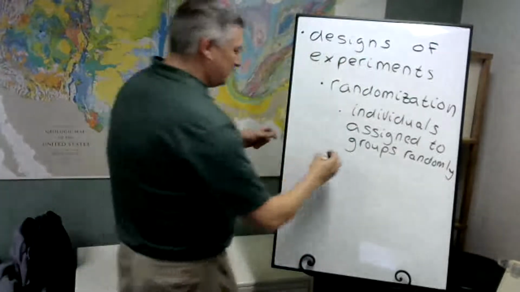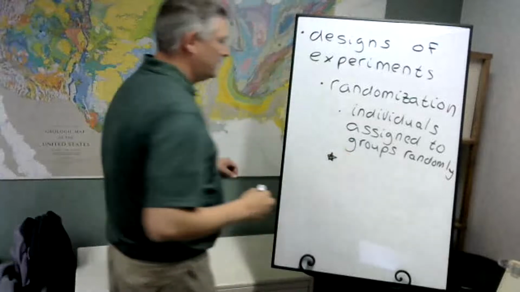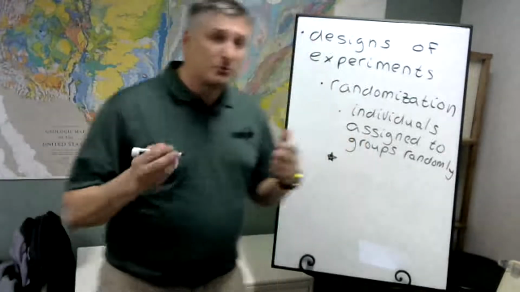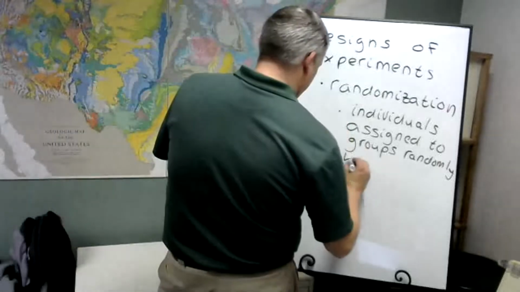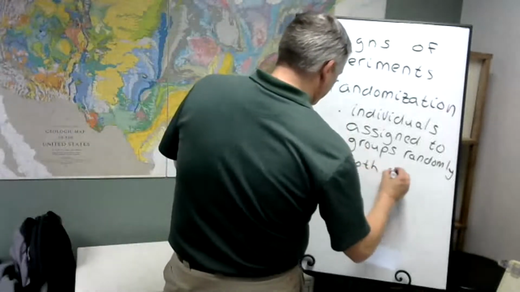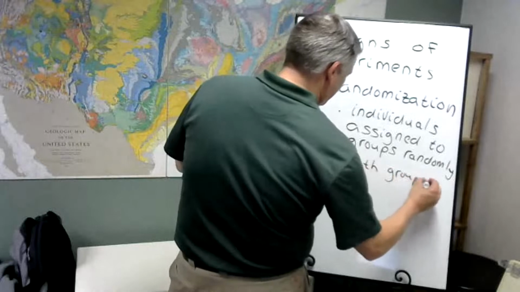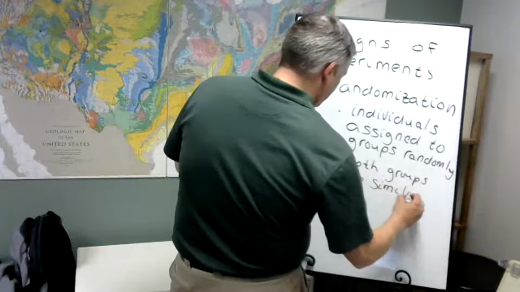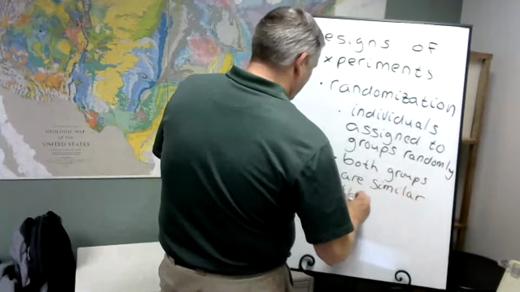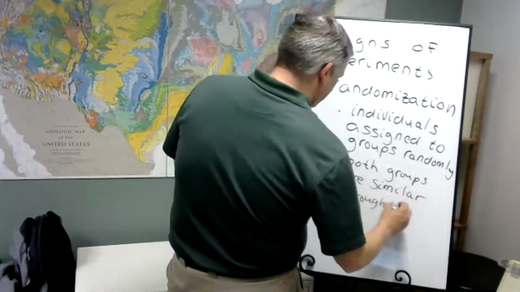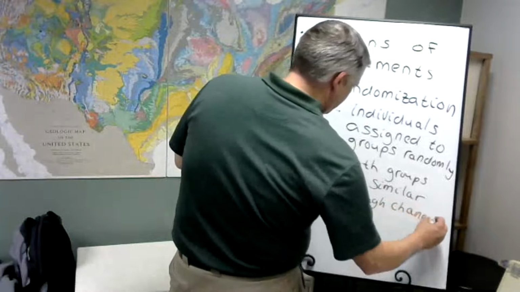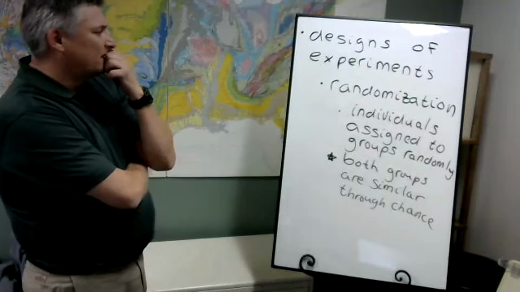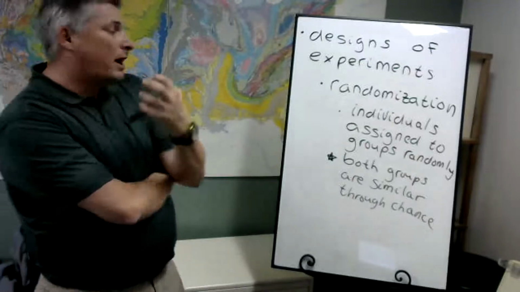And the idea, the goal here is you want the two groups to be similar through chance. Now, why do you want to do this? Well, first off, why randomly?